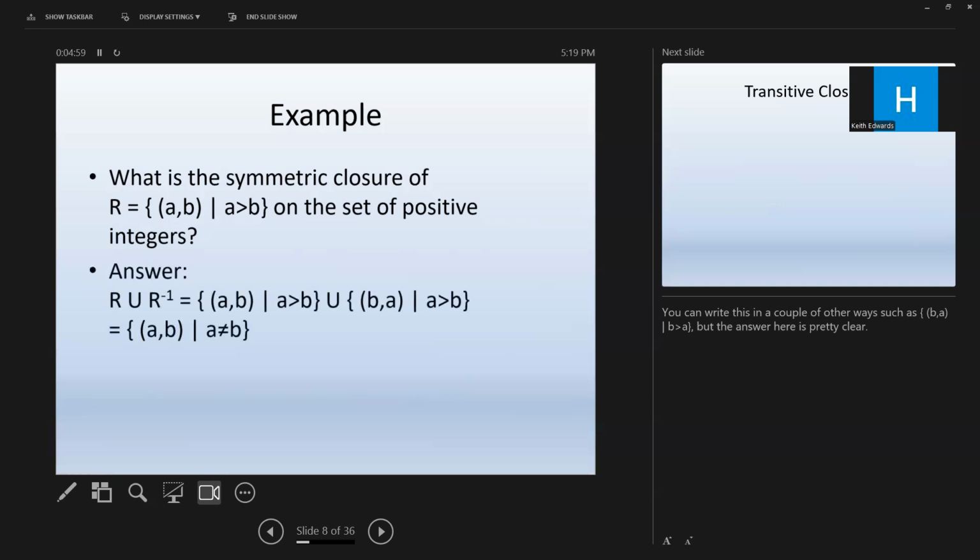So it's basically flipping them around. And so we end up with the set {(a,b) | a is not equal to b}, because the element can't be both greater than itself and less than itself. And you can write this in a couple of other ways, such as {(b,a) | b is greater than a}, but the answer here is pretty clear.